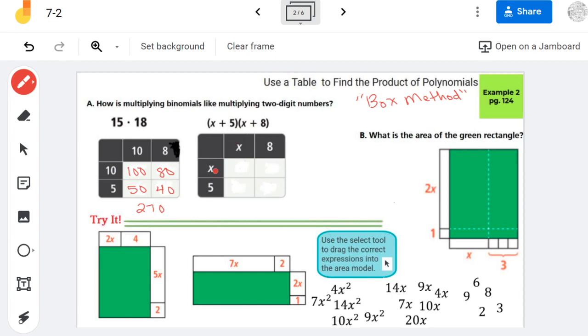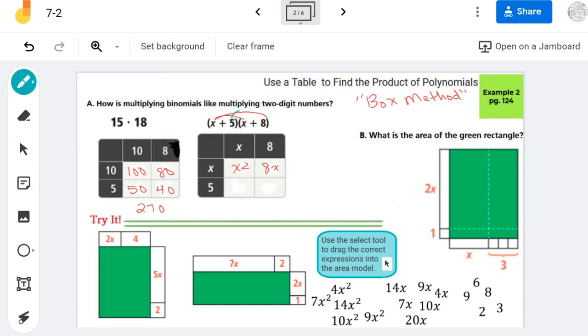Now, multiplying together these binomials works the exact same way. So I'm taking this x and timesing it to each term here. So x times x is x squared, and x times 8 is 8x. So if I'm thinking in terms of distribution, I'm taking that x and multiplying it to each term in the second set of parentheses.